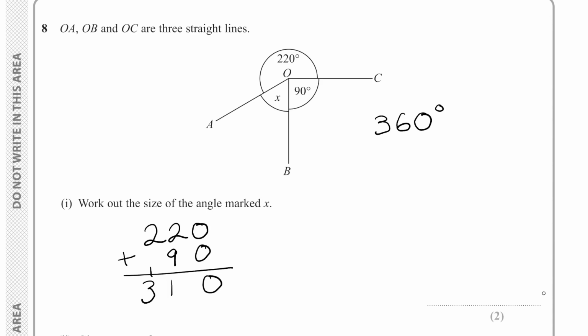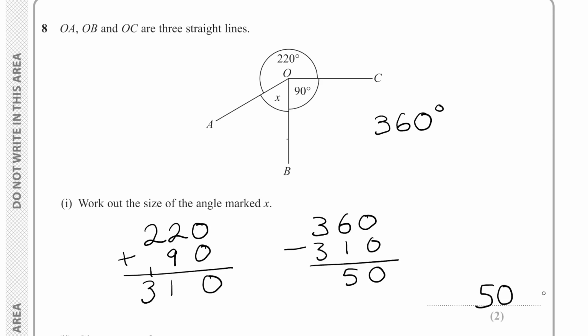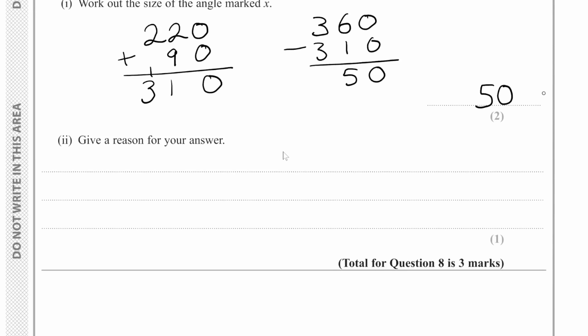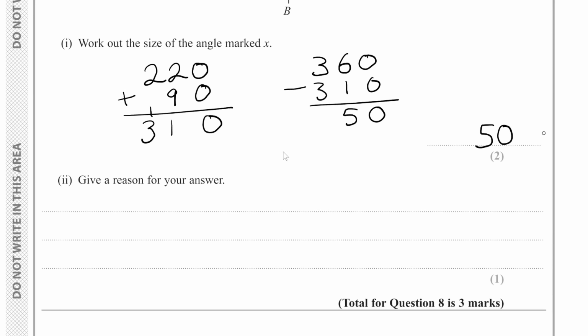What's missing? 310 to 360. That will be 50 degrees. So the missing angle is 50 degrees. Give a reason for your answer. So that is that the angles around the point add up to 360 degrees.